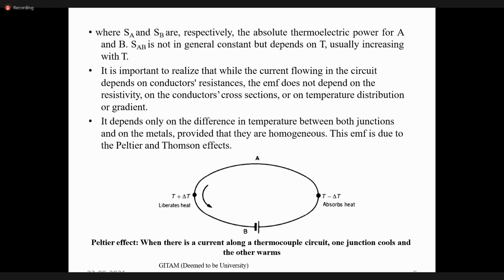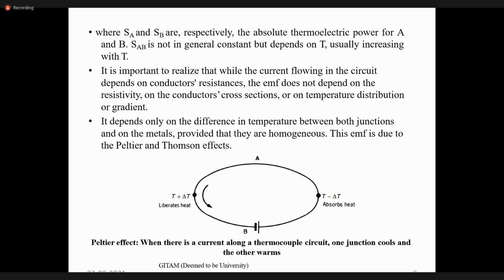Current flow depends on resistance, but EMF does not depend on the resistivity, or on the temperature gradient. It depends only on temperature T and the type of metal we are using in the thermocouple.